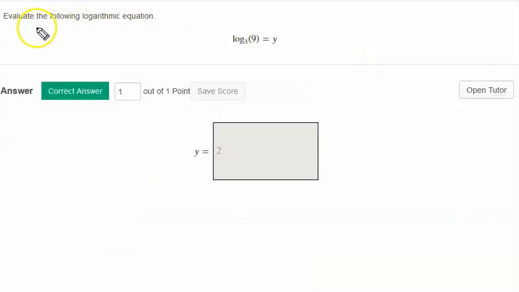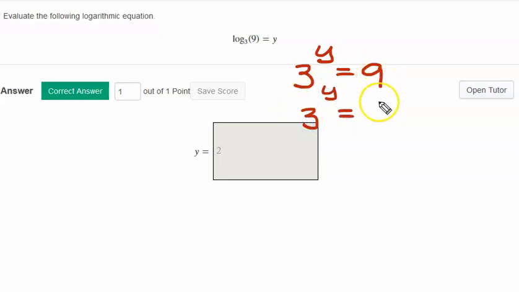Again, read, pause, reflect. Again, putting it into exponential form. Our base is 3, our exponent is y, and our answer is 9. Well, again, can we make 9 to some form of base 3?